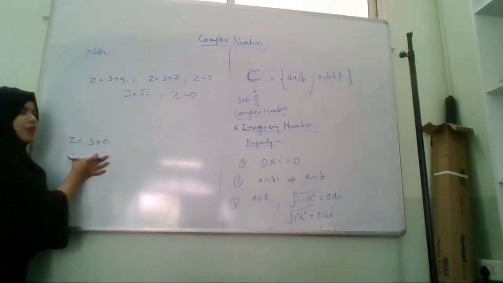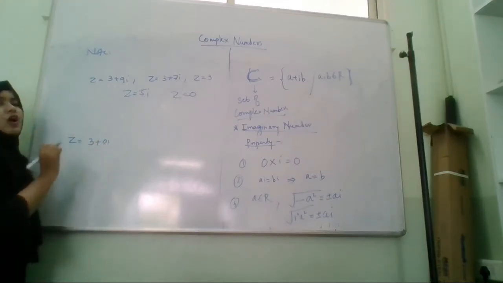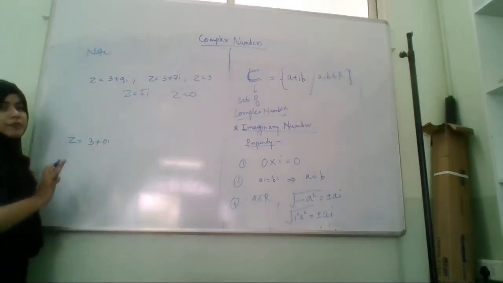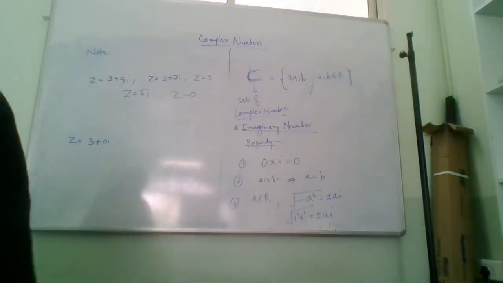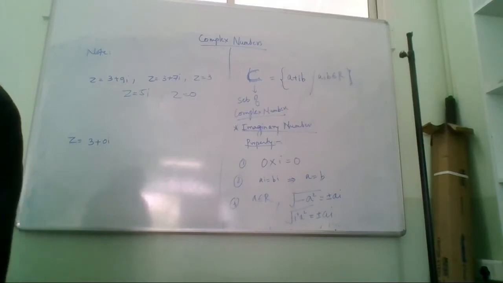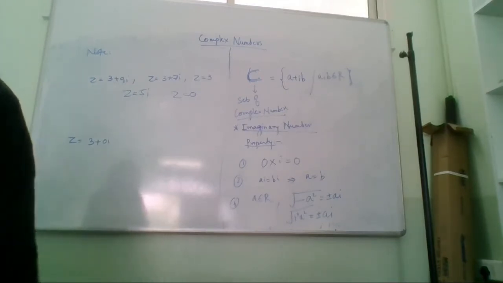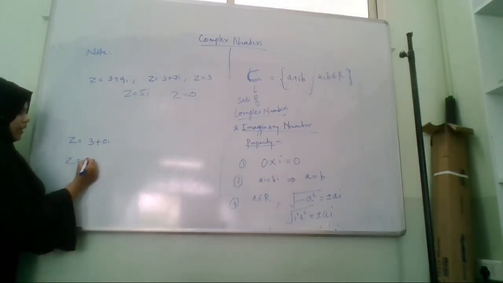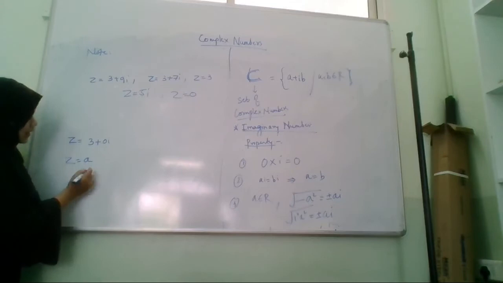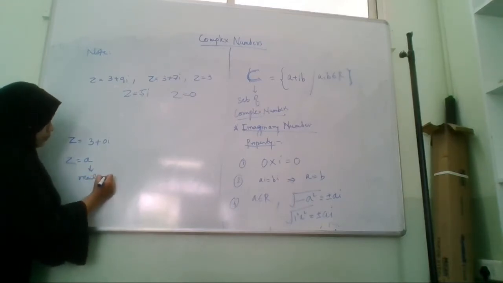And such a number is called a purely real number. It is a real number. So z of the form a only, where the imaginary part is 0, is called a real number.